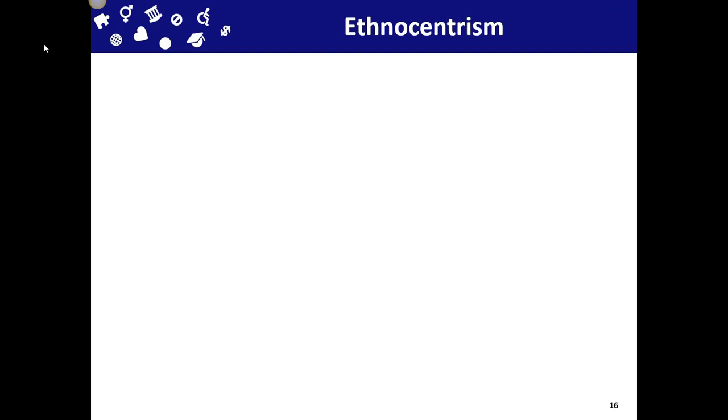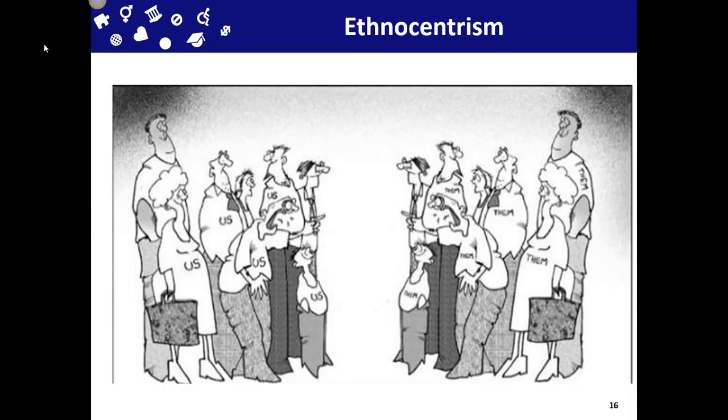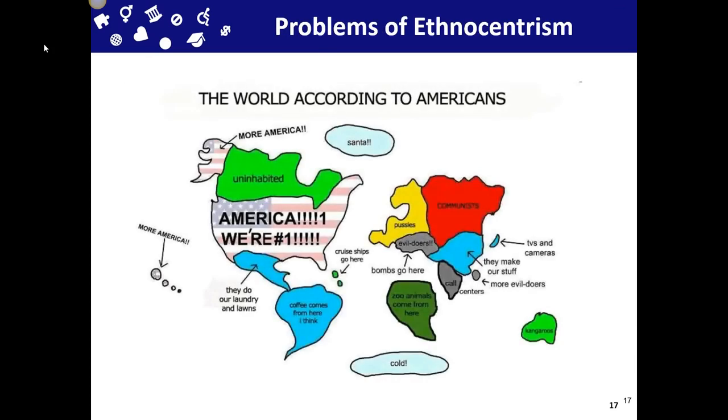This is closely connected to the concept of ethnocentrism, right? This is the idea of judging another culture by the standards of one's own. Now, this map here is meant to be a bit comical, but it's also meant to elicit very real commentary on the United States, particularly the way that people in the United States might view themselves and view others in different countries.